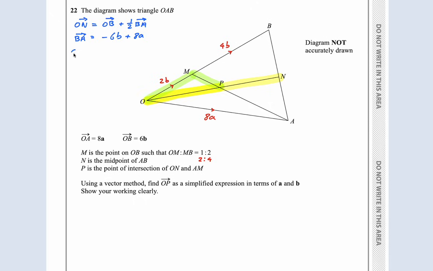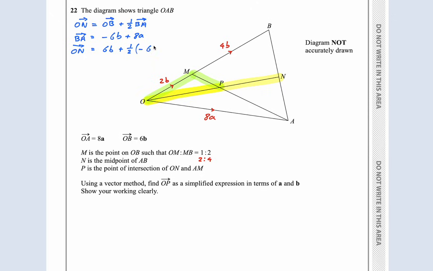So ON, let's go back to ON. ON is equal to OB, which is 6b, plus a half BA. And a half BA is this.